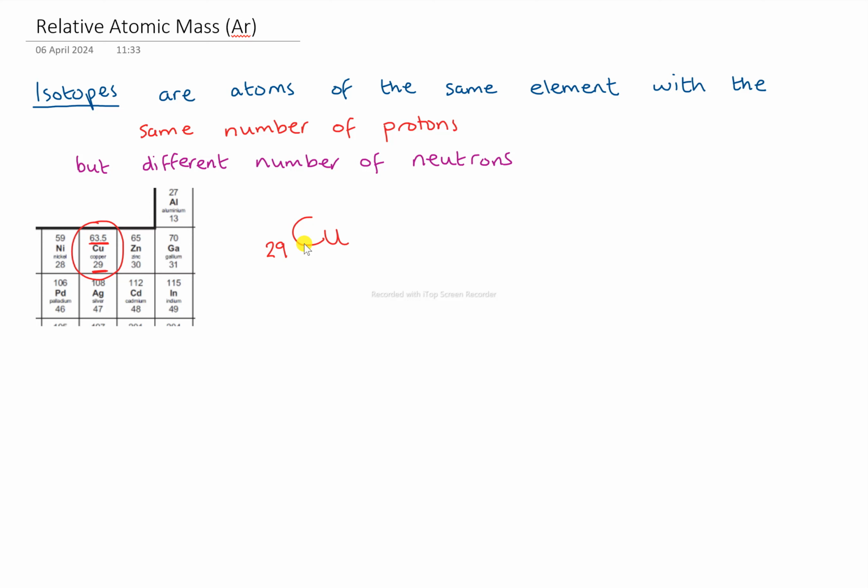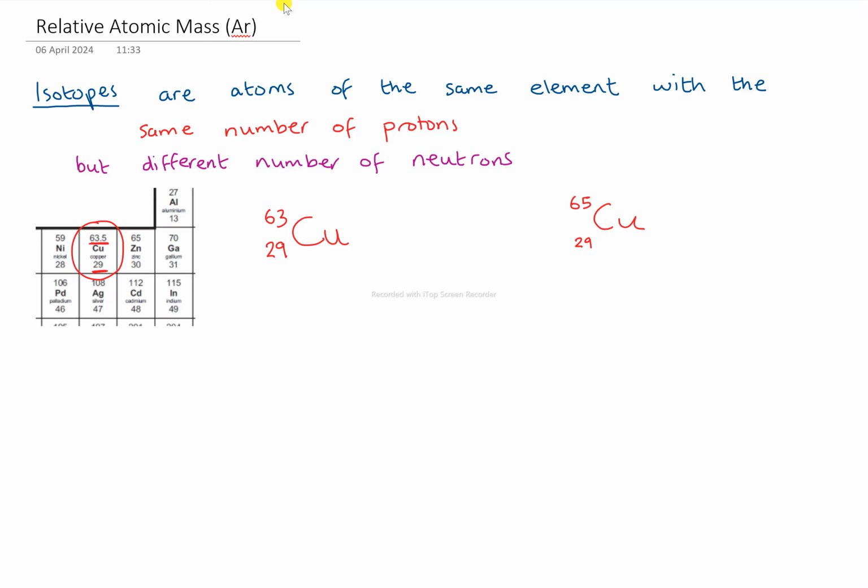Right. You have one isotope which is called copper 63 and another one called copper, which is 29 and 65.